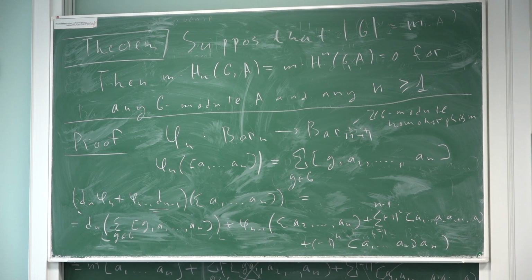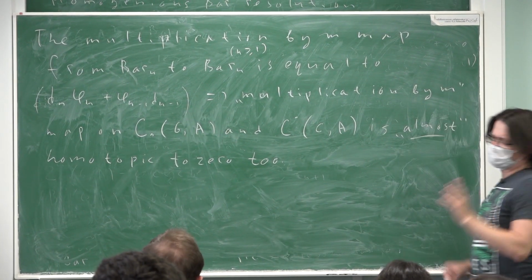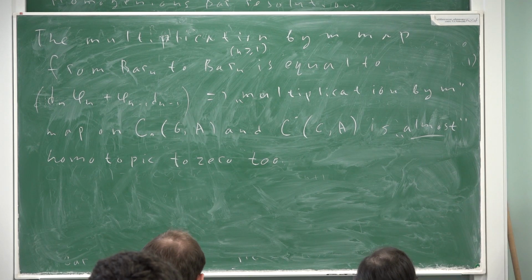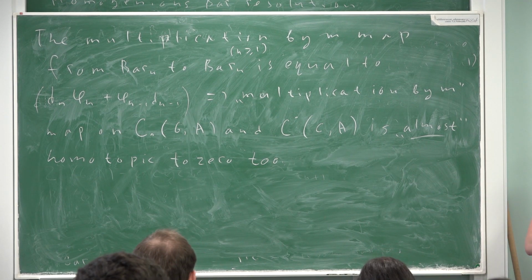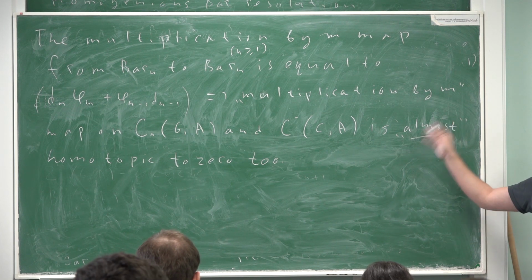Like almost means that there is some map which is in all degrees except 0 the multiplication by m, but in 0 degree we don't know what, and it is homotopic to 0.